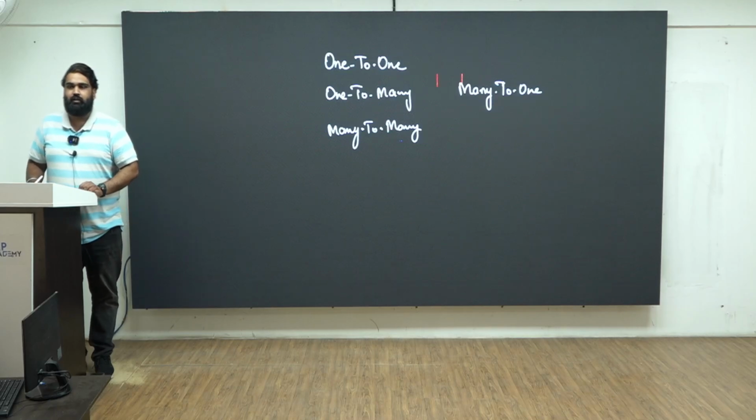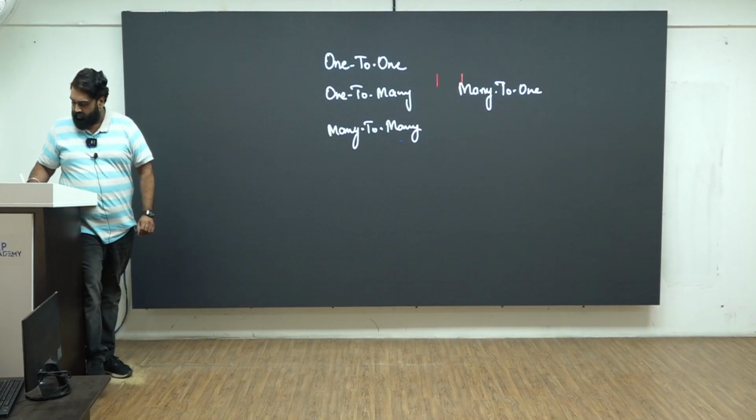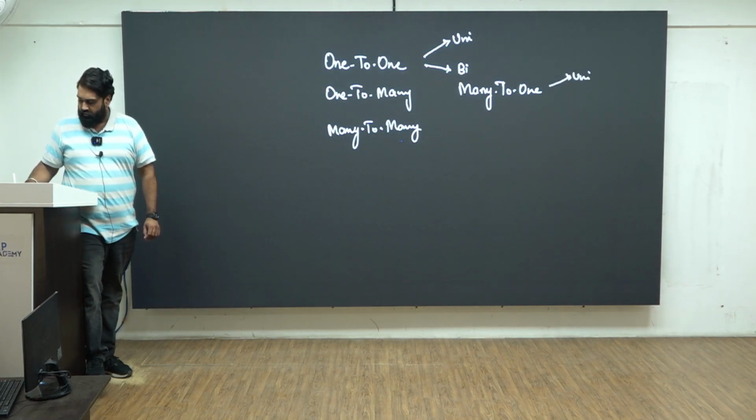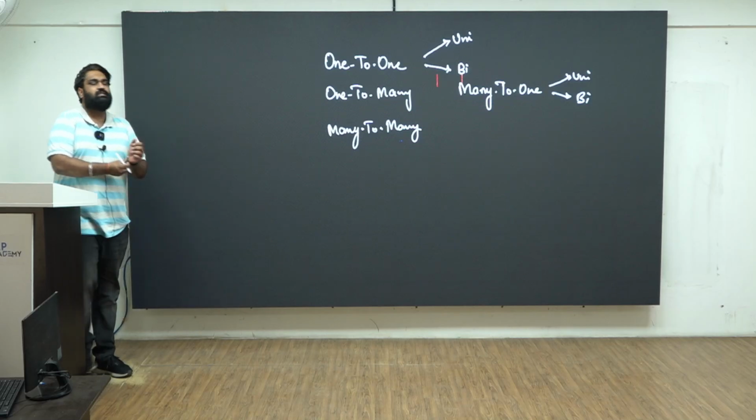In one-to-one mapping, I have unidirectional one-to-one and bidirectional one-to-one. In the same way, here also we will include unidirectional and bidirectional mappings for one-to-many or many-to-one. Is it clear?